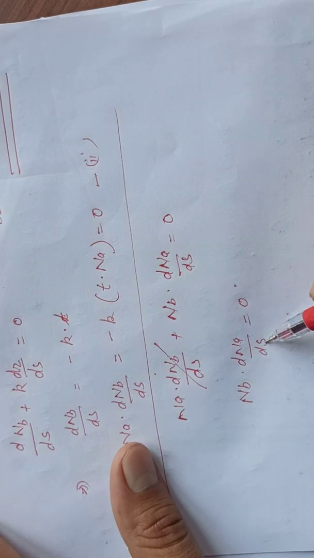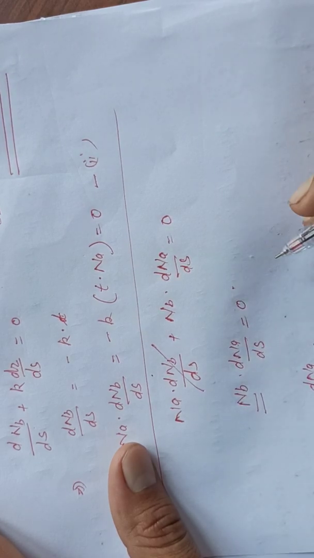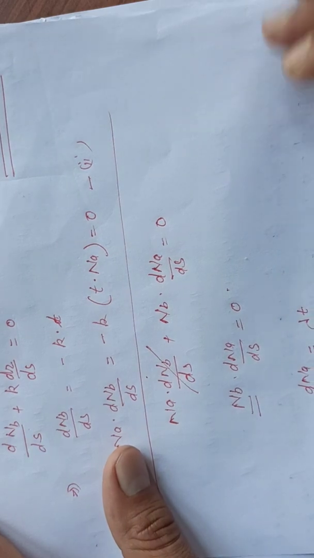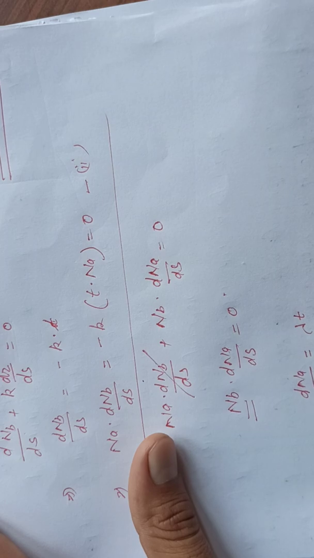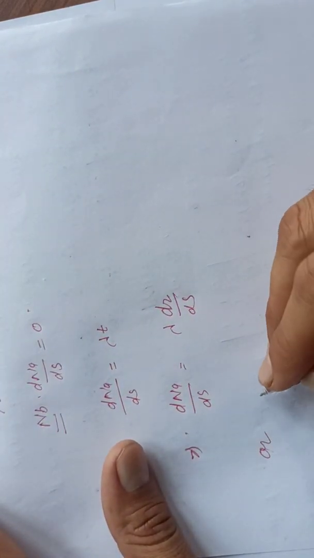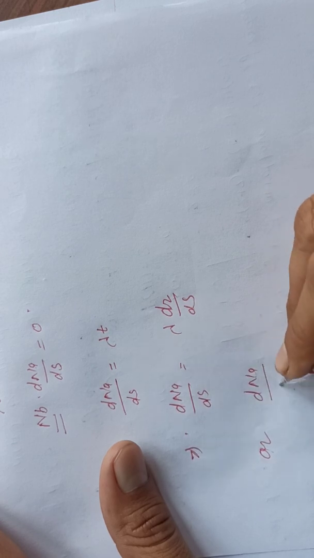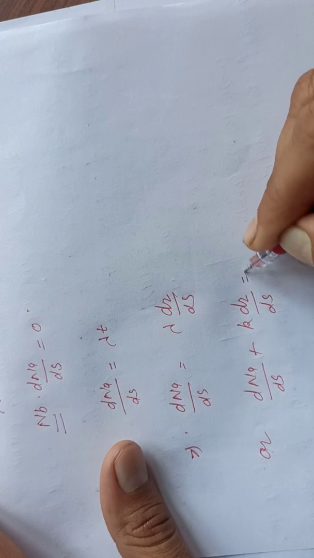or dNA by ds will be normal to NB, that is dNA by ds will be along the tangential to the surface, that is lambda times t, that is dNA by ds will be equal to some lambda times dr by ds, or it can be written as dNA by ds plus some k dr by ds is equal to 0.